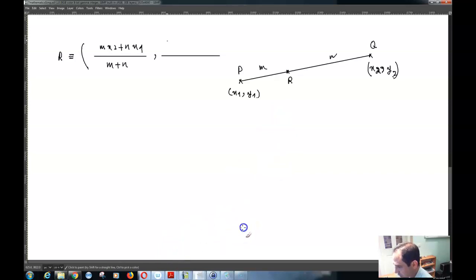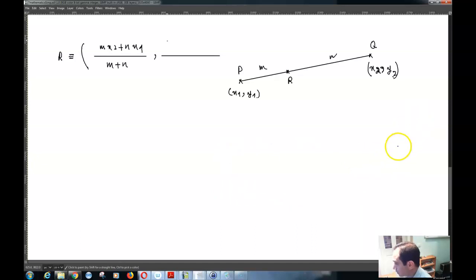Therefore, I can say, and these are equal, of course, AD to BD is equal to AE to EC, which is what we wanted to prove.